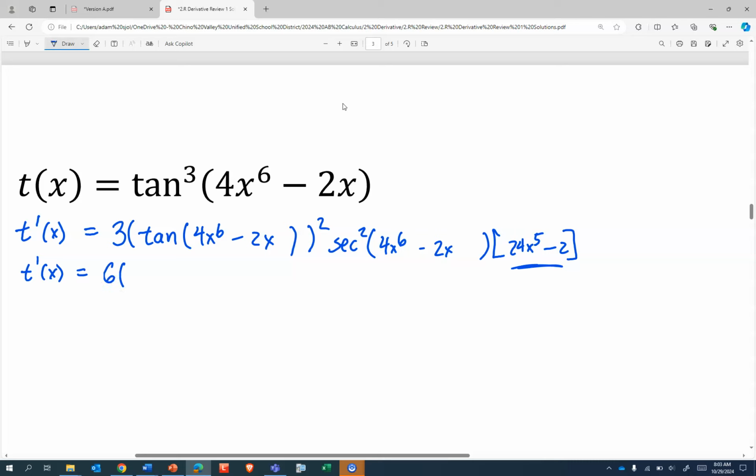And then the most useful stuff, what would be left here? 12x to the 5th minus 1, which we could get a pretty easy 0 out of. And my tangent is squared, 4x to the 6th minus 2x. And secant is squared as well. 4x to the 6th minus 2x is the input there. Okay, that actually looks a ton cleaner.